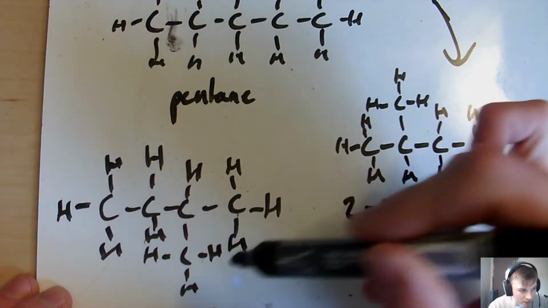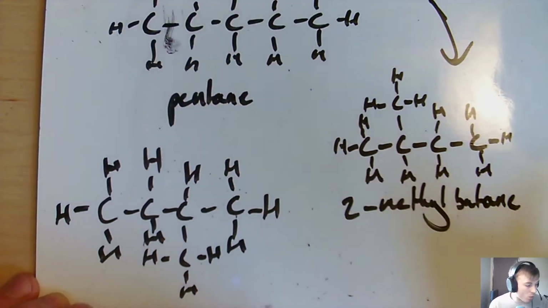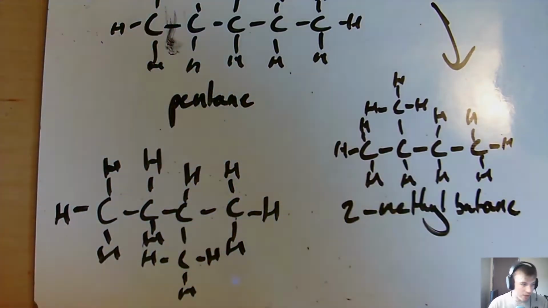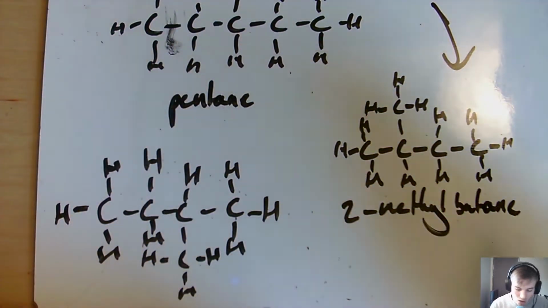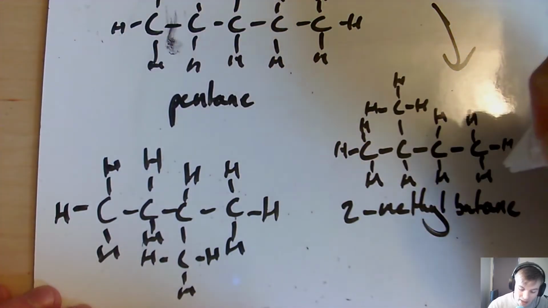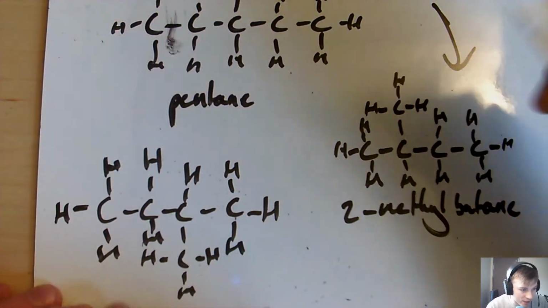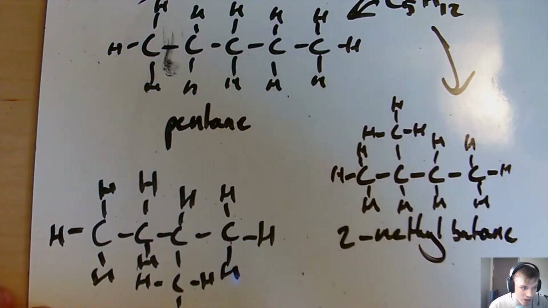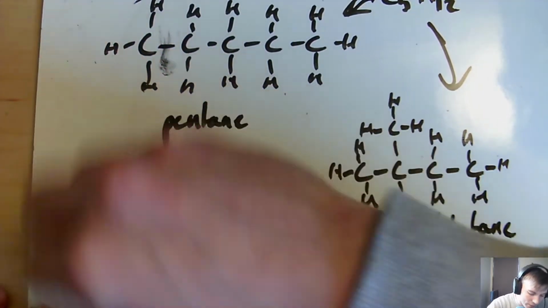So we need to be wary of things like this, where we have something that looks similar and you think, that's different. It's not. It's the exact same one. We need to make sure that we're recognizing our naming conventions and using this to identify our isomers. It's just building on what we learned before.